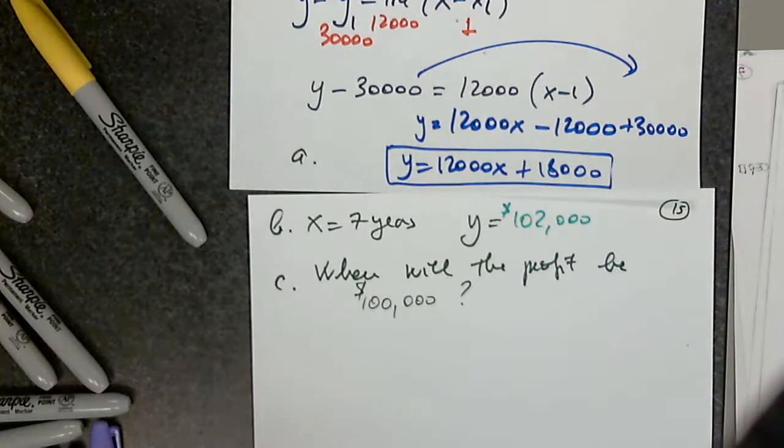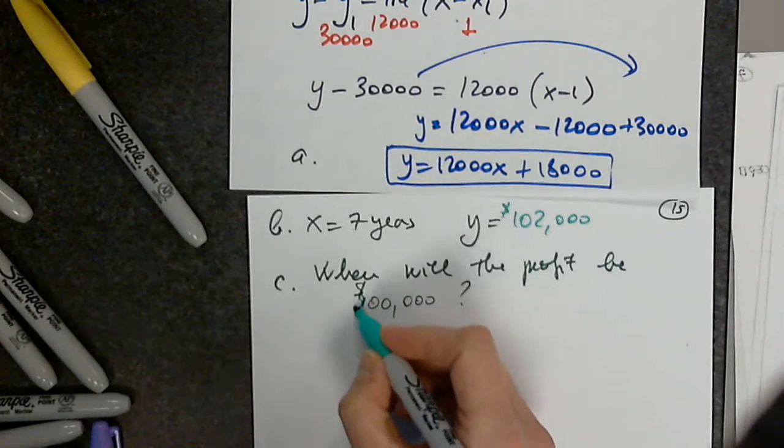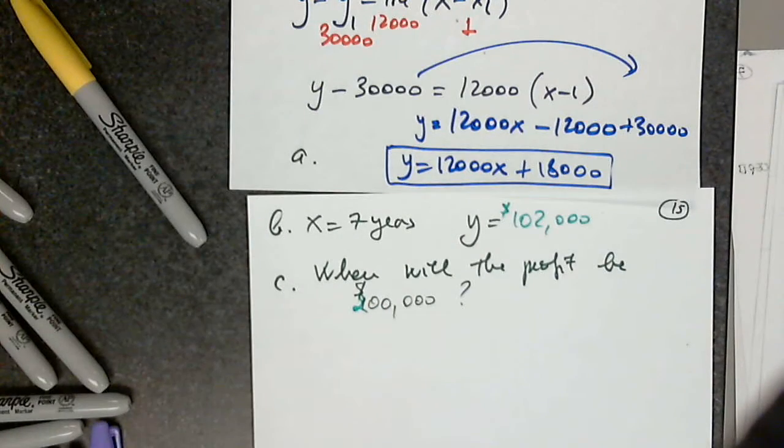Since this was 102, I'm going to change it to 200. So when will the profit be 200,000? Assuming the trend continues. So what is left from this chapter is we have to talk about functions, which is section 3.6. And we have to look at section 4.1. And that is the entire material for test 2.